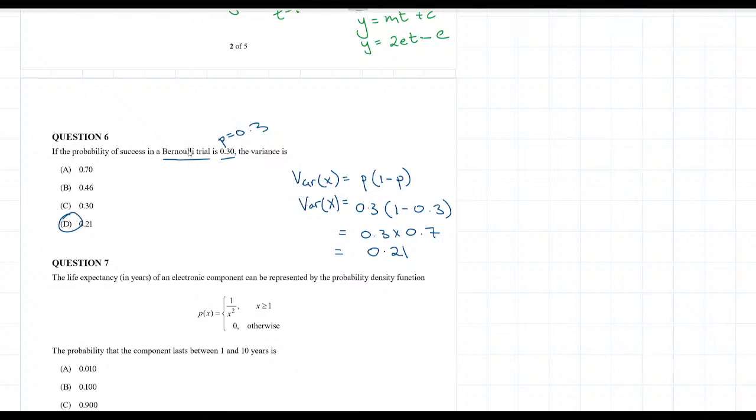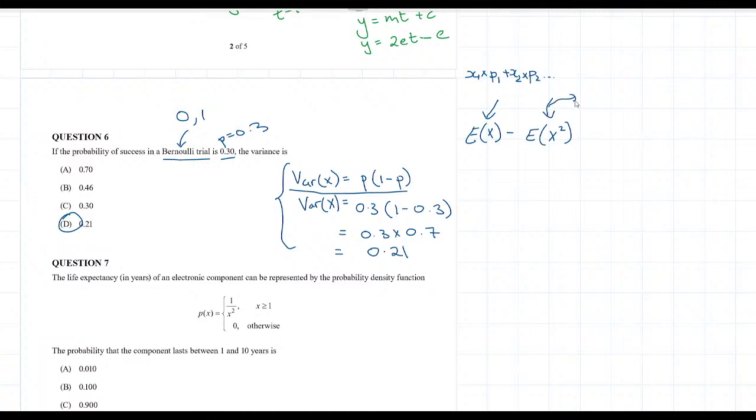So just a bit more about Bernoulli trials. They are basically experiments where the outcome can only be either 0 or 1. And that's why it has this special equation that works for it. Normally we would get the variance by doing E of x squared minus E of x, all squared, where E of x is just the mean, that's x1 times p1 plus x2 times p2, and so on.